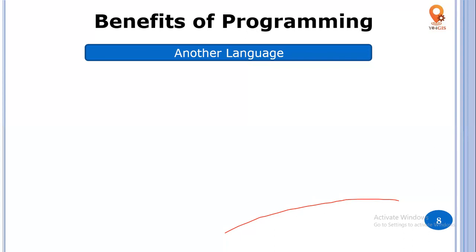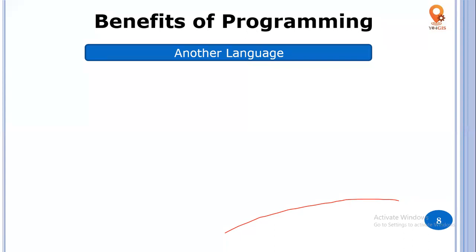Like from our childhood, if you want to speak English, you have to understand the grammar of English. If I want to speak Marathi, I have to understand the grammar of Marathi.